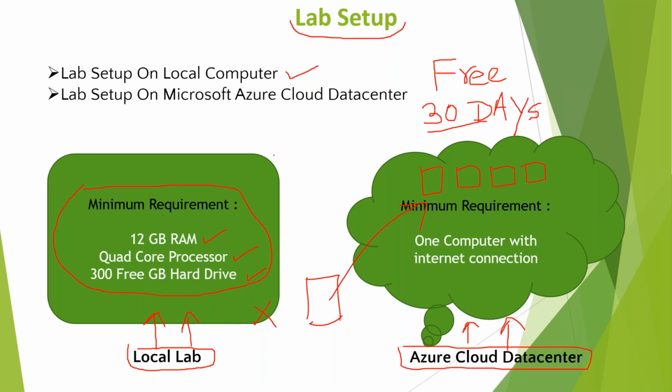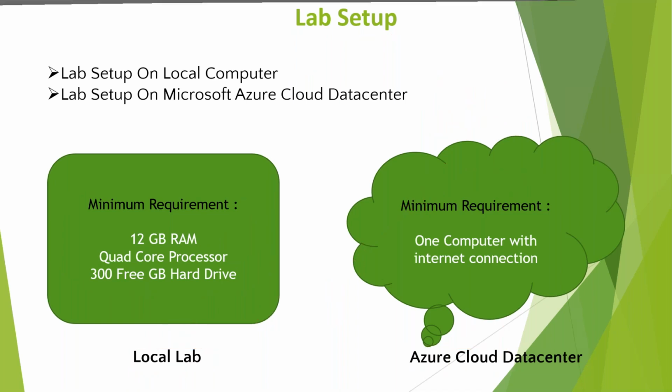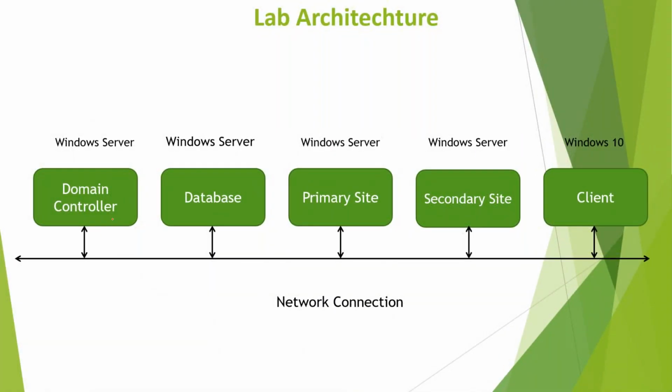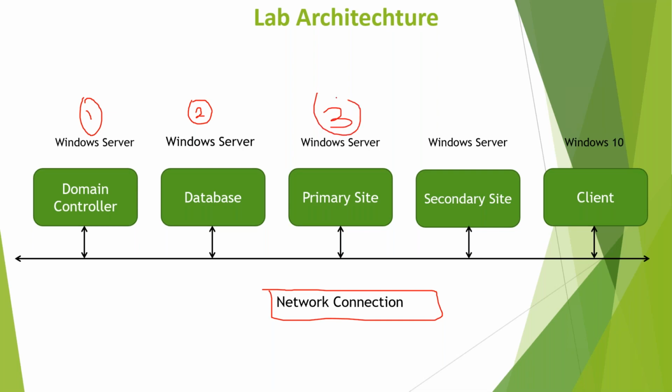Now, how will the lab architecture be? Lab architecture will be like this. You will need to create one network connection, and you will have multiple computers like domain controller, database, primary site, and secondary site.